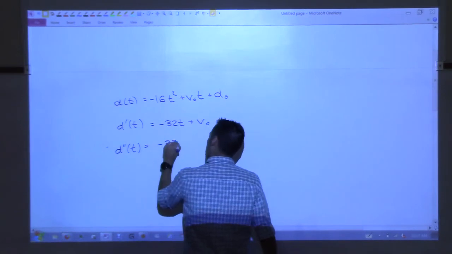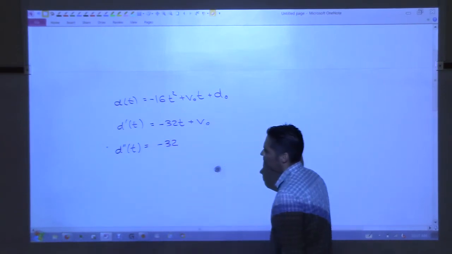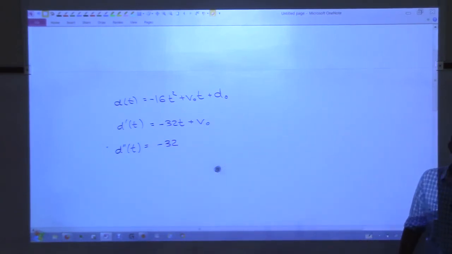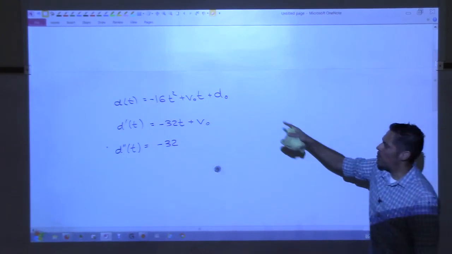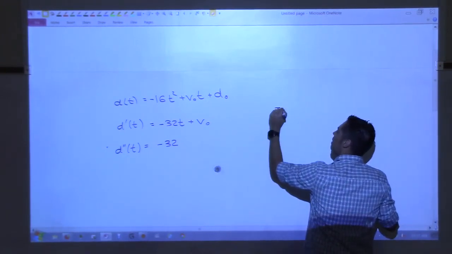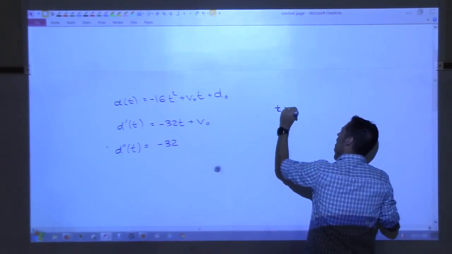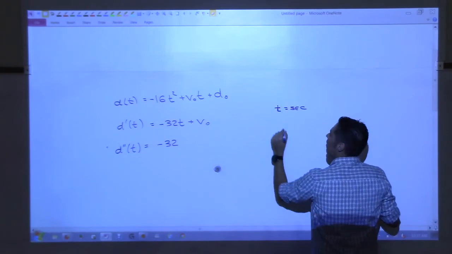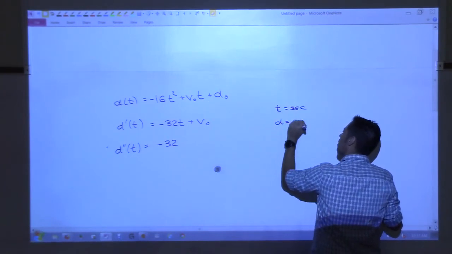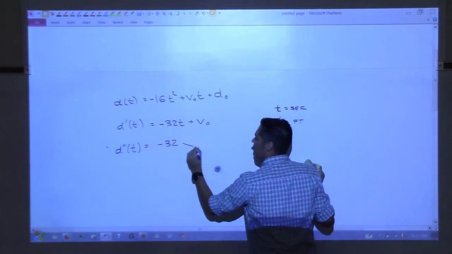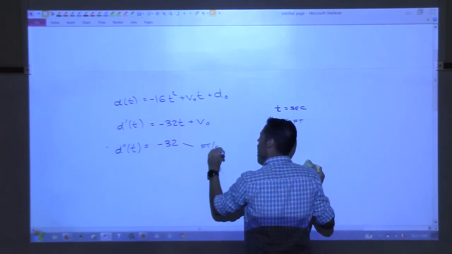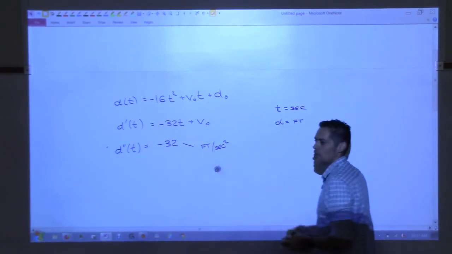You get negative 32. That's all you get. Now, in this formula, t is seconds, and d is measured in feet. So this answer right here is feet per second squared.